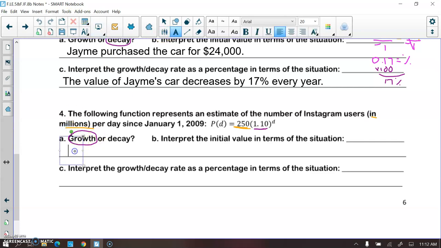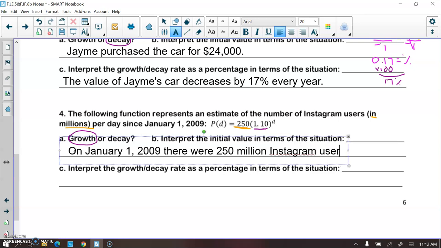So we are going to say on January 1st of 2009, because that's the initial day that we were assessing, there were 250 million Instagram users.